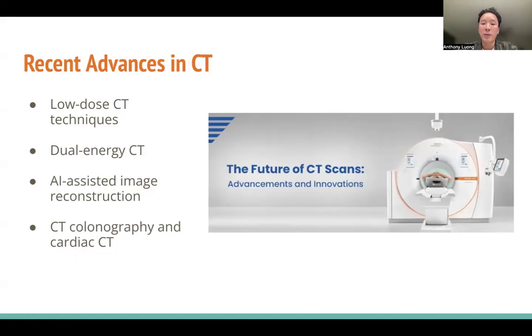Modern scans feature multi-slice and multi-detector capabilities, some capturing up to maybe 640 slices per rotation, which allows a rapid high-resolution scan. Innovations like photon counting detectors and dual energy or spectral CT have definitely improved soft tissue differentiation and image clarity, which reduces radiation exposure.